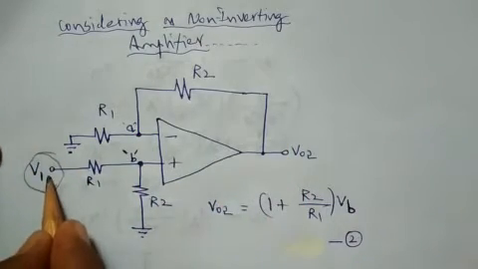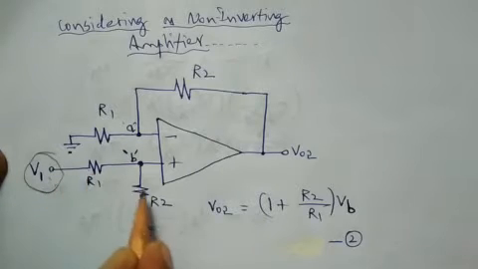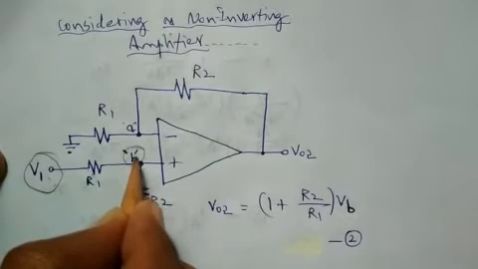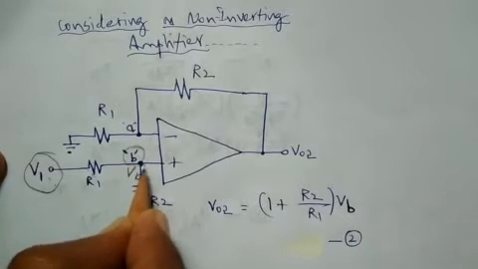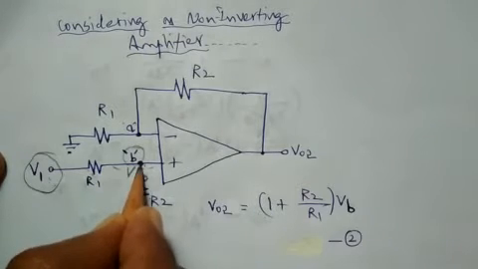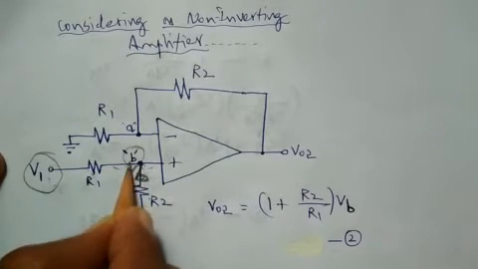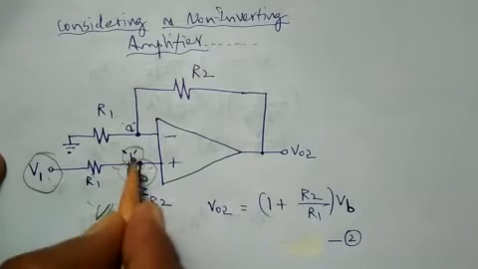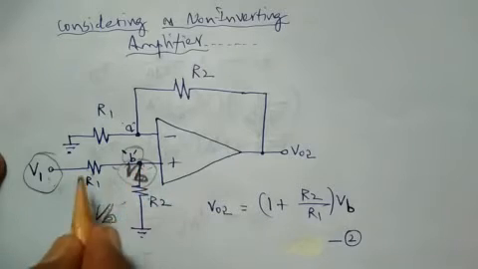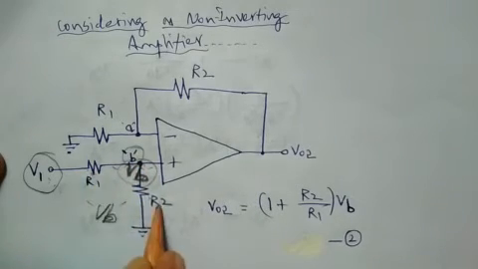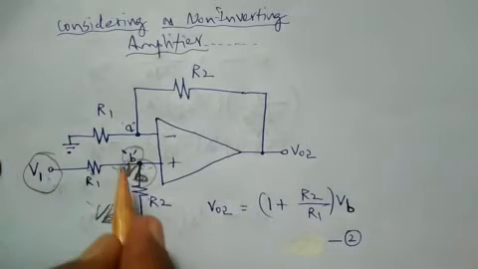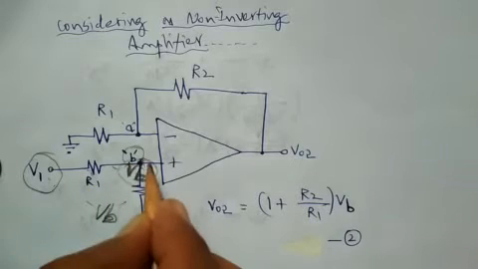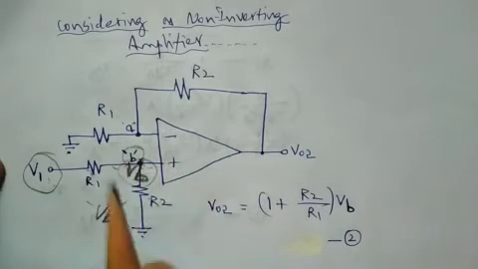Here the input to this non-inverting amplifier is V1, and V1 is divided by the potential divider R1 R2, and it will be available at node B as the potential named VB. So VB is the potential available at node B, divided by R1 and R2. That is going to be the input potential to the positive terminal.